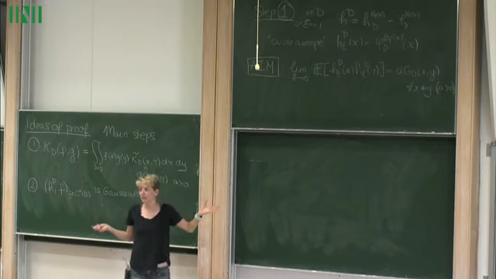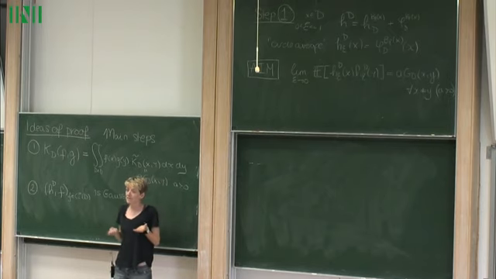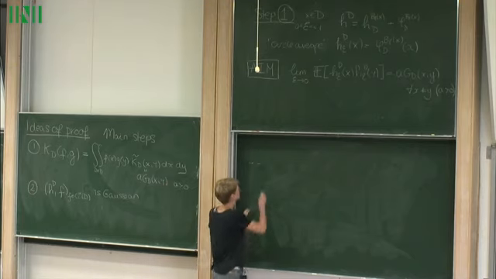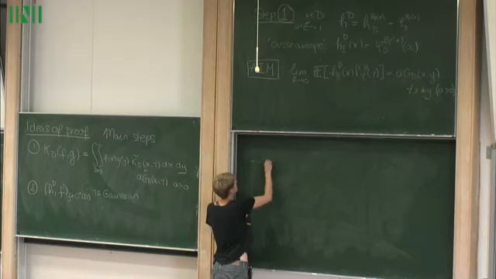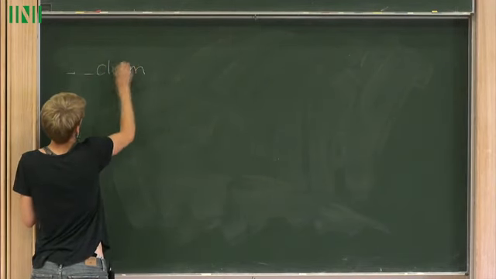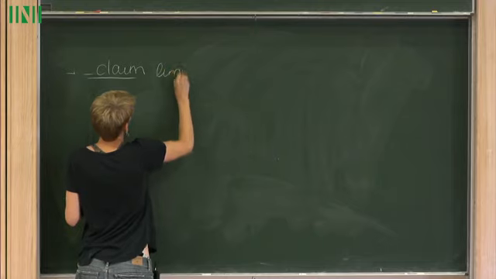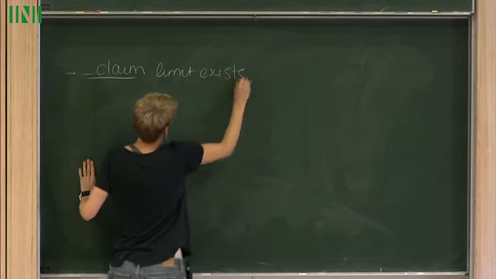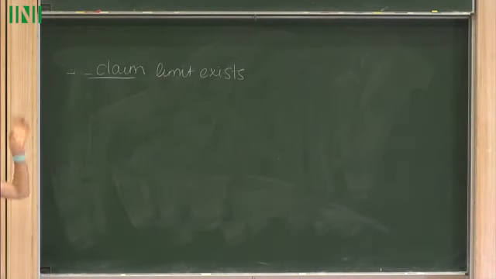Okay? And in fact, the reason why this limit exists comes out quite easily from the domain Markov property. Okay? So firstly, I'll claim that the limit exists. Okay, for all, if I take some distinct x and y, this limit is going to exist.